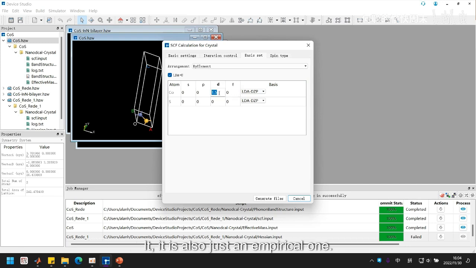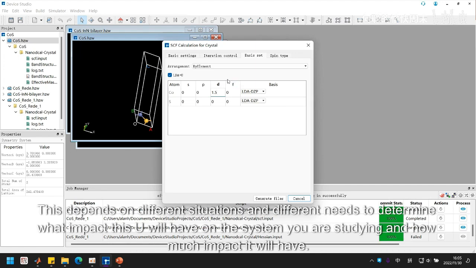It is also just an empirical reference value, not absolute. It doesn't simply assign 10 points to decide the magnitude of U. This depends on different situations and different needs to determine what impact this U will have on the system you're studying and how much impact it will have.